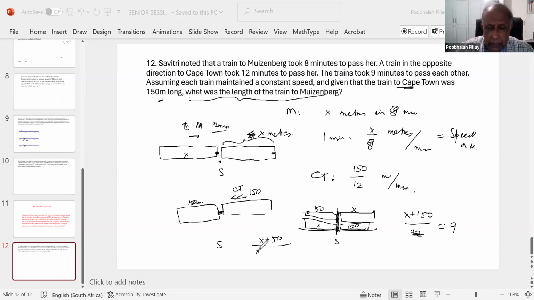Now the one would have, in 1 minute, traveled x over 8 meters. We saw 1 minute, x over 8. And the other one, in 1 minute, would have traveled 150 over 12. So this is the total distance it travels in 1 minute. And this is equal to 9 minutes to pass each other. See?